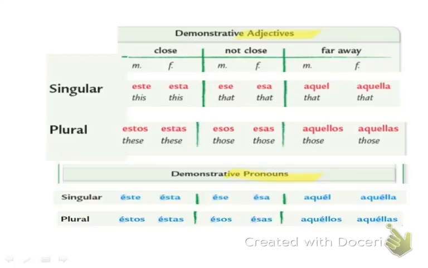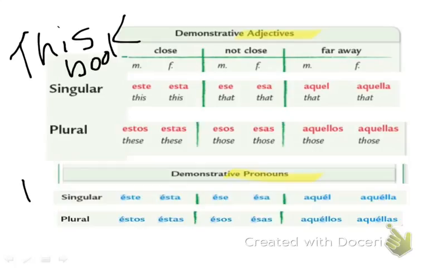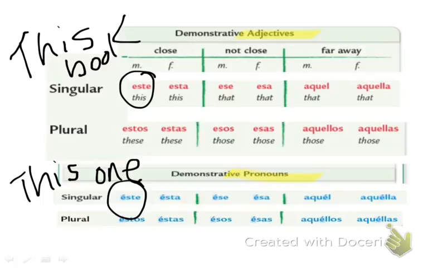So a noun has to be there, right? But a pronoun does what? Replaces a noun. So if you don't want to say this book, like you would with an adjective, you would say this one in English. Exact same words, este versus este, you just use the accent to show that it's a pronoun, that the noun's not going to be used.